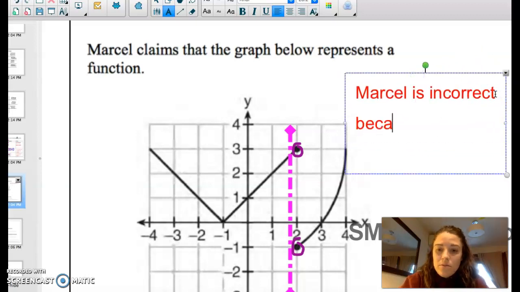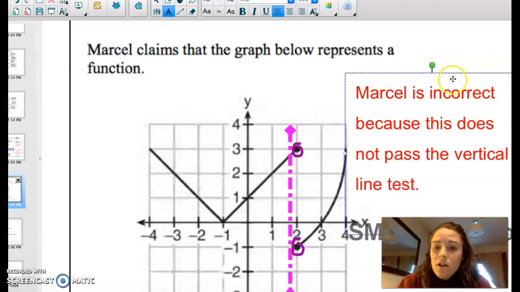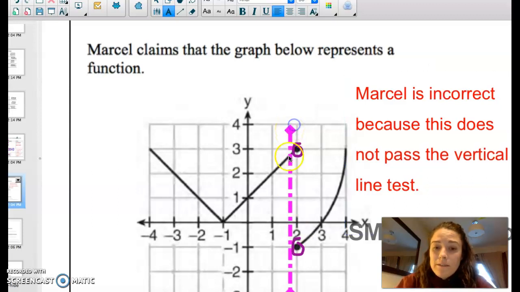Marcel is incorrect because this does not pass the vertical line test. Another example of evidence that you could use: you could say the input of 2 has 2 different outputs. You could say the x value of 2 repeats to 2 different y values. All of those explanations would work.